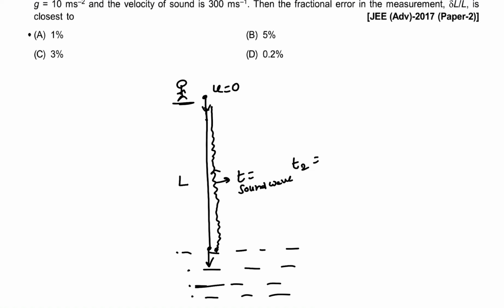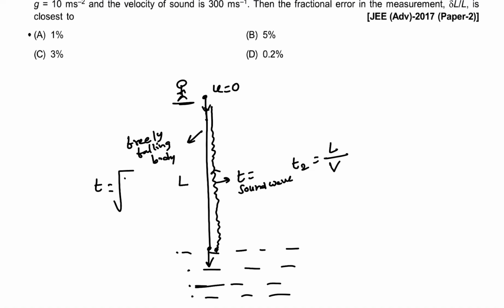Now the time traveled by the sound wave, I am taking as t2, which is equal to the distance traveled by the sound wave, L, divided by the speed of sound v. In the first case, what is the time taken?